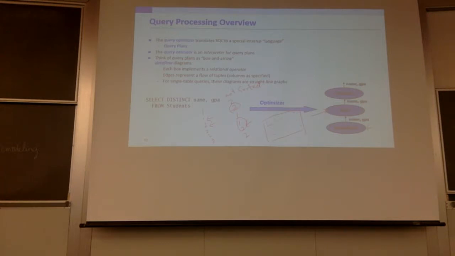Then you turn off the input. Then you turn on the draining tap, right? And the water basically starts flowing to the next stop. So that's how the blocking operator works.